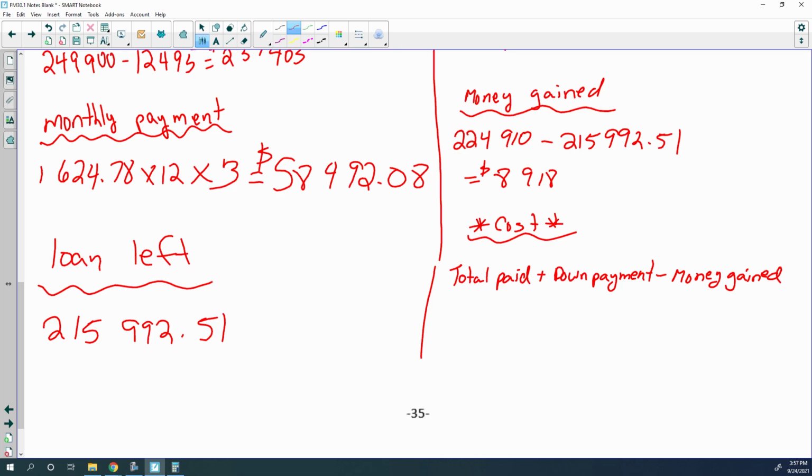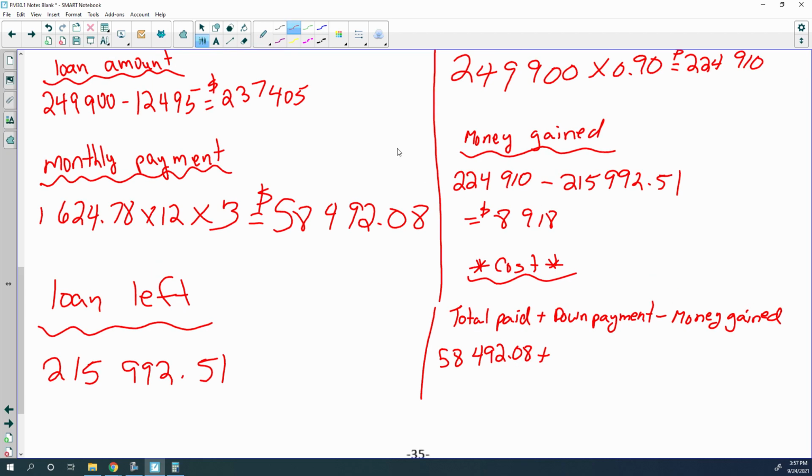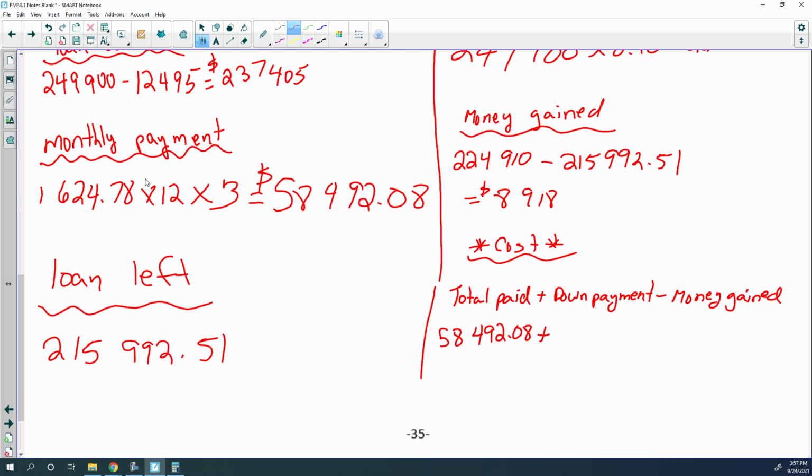So the total paid with their monthly payments was $58,492.08, plus their down payment. That was this $12,495, minus the money that they made, the $8,918. And what that ends up being is what they actually spent in the 3 years that they lived in the house.